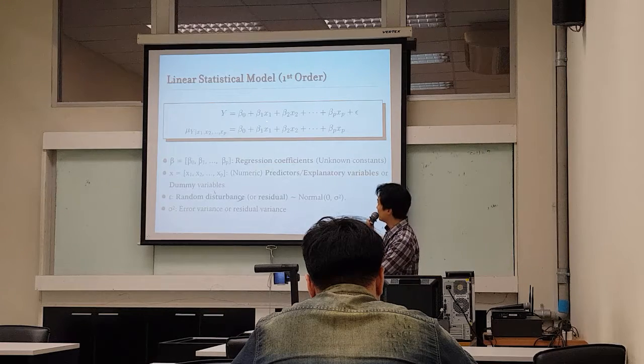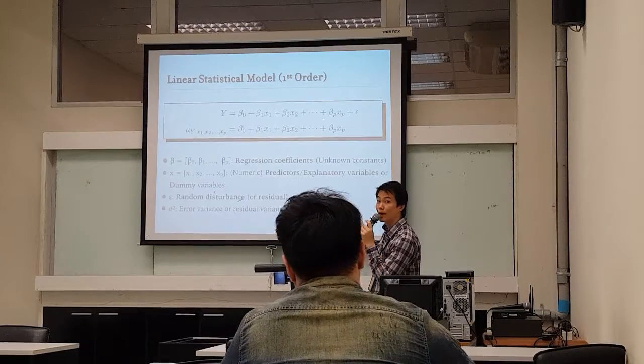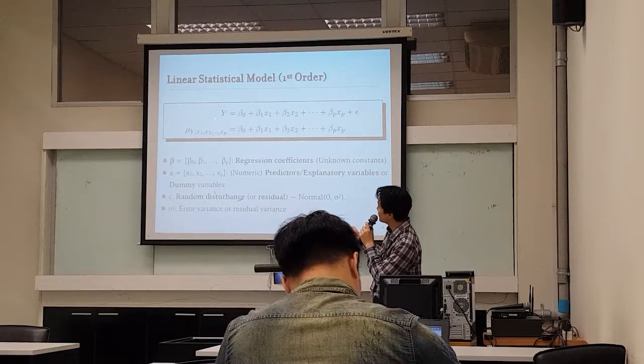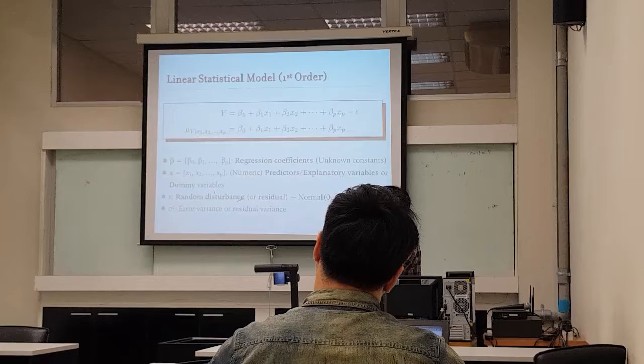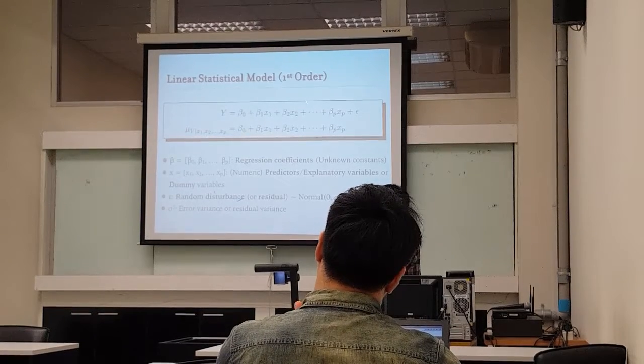It's deterministic in the model. But this y is not. It is a random variable, because it's a deterministic term plus a normal distribution. So y has a normal distribution, but this term x is deterministic.